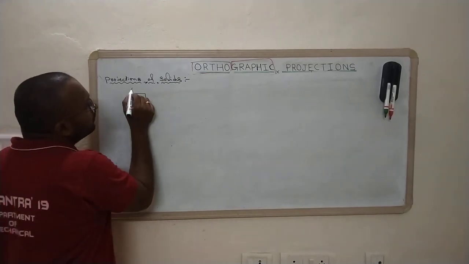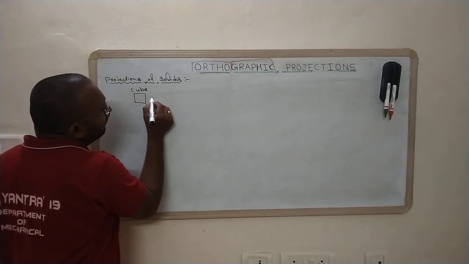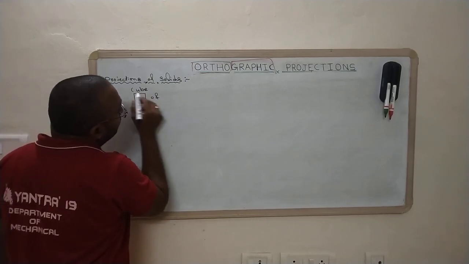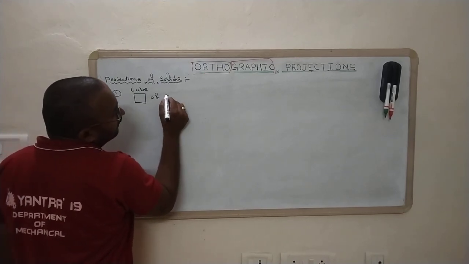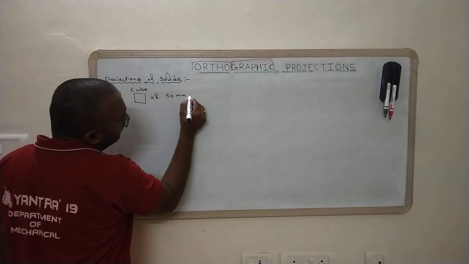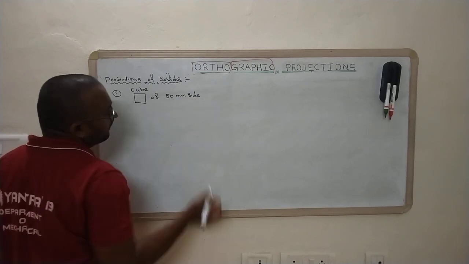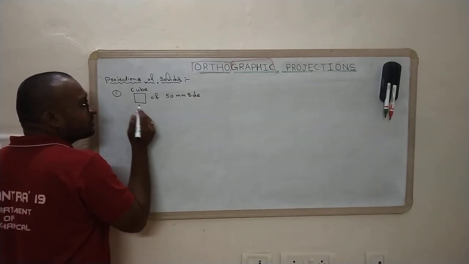Problem number 1: a cube of 50 mm side, resting with its base on HP.